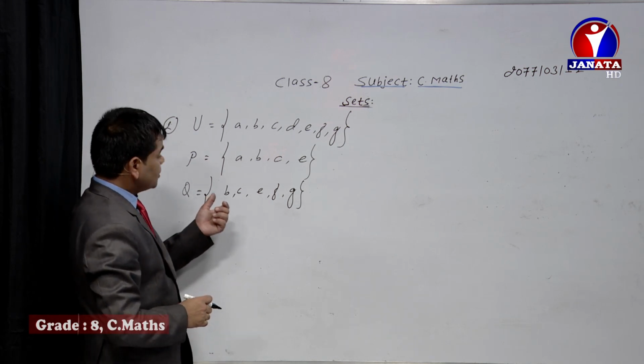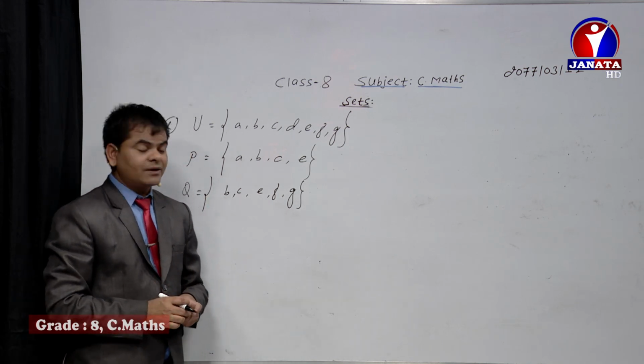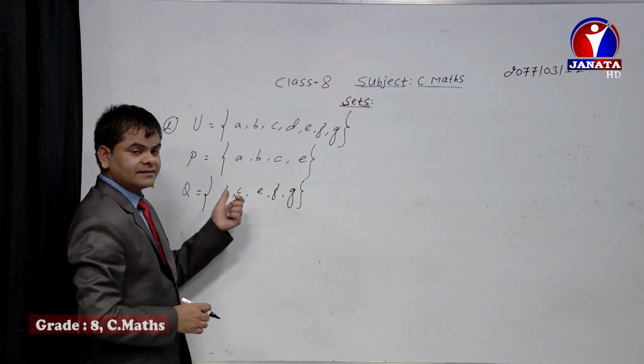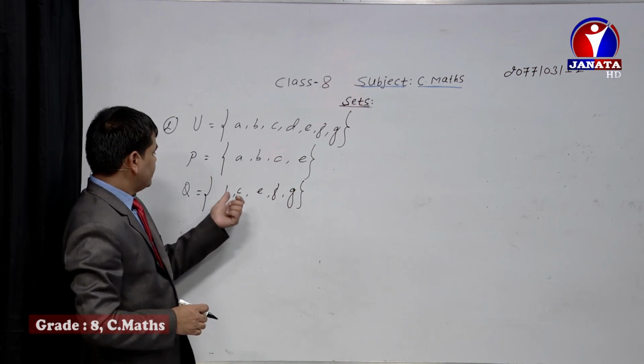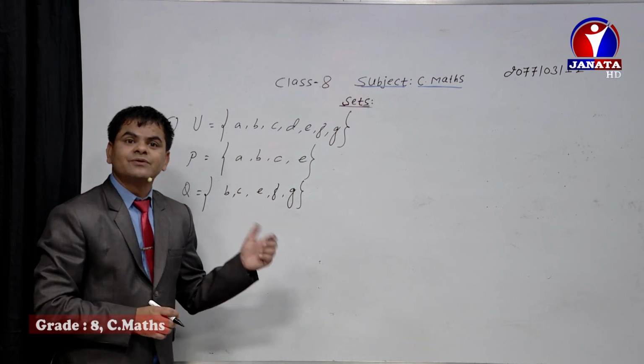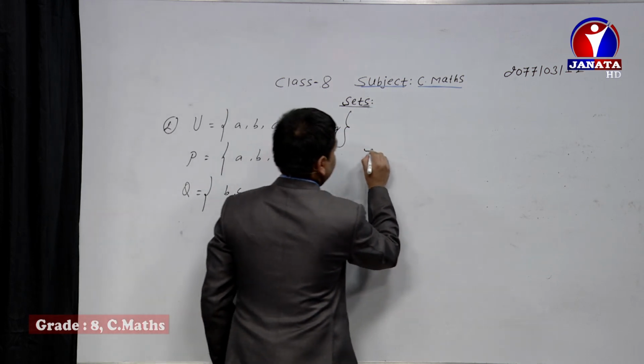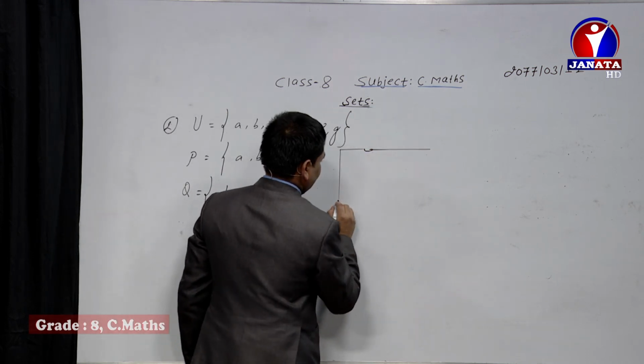Or sometimes you might be asked to find out the elements of sets such as P difference Q, Q difference P. So let us represent, dear students, once in a Venn diagram. What happens?